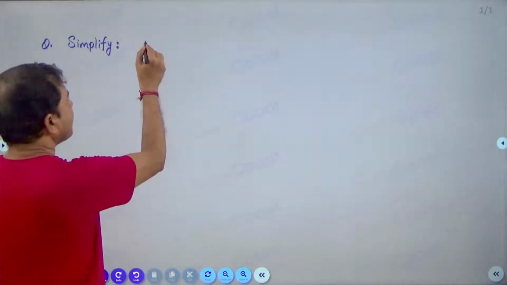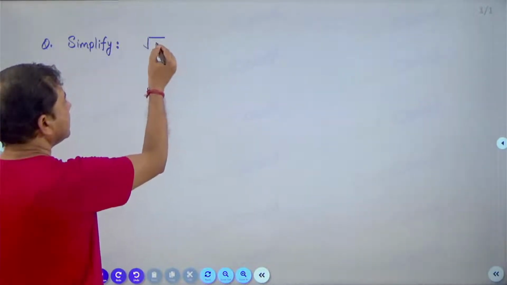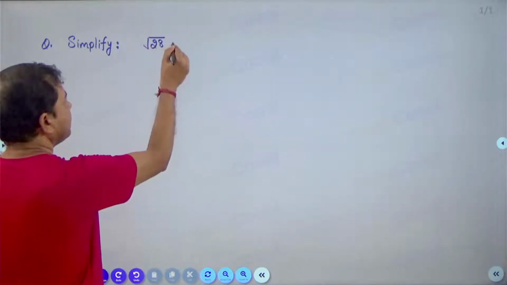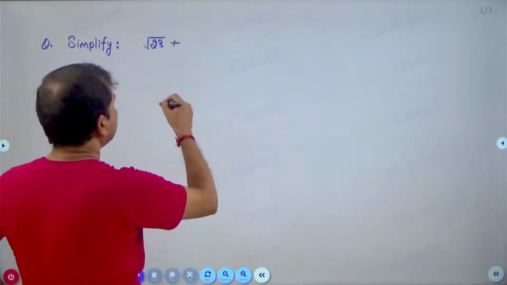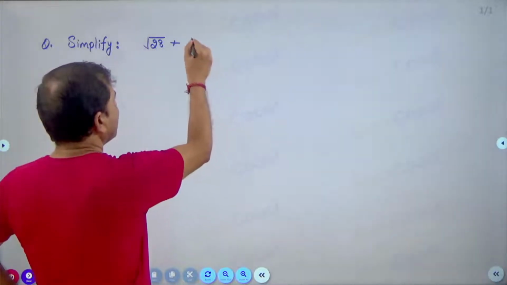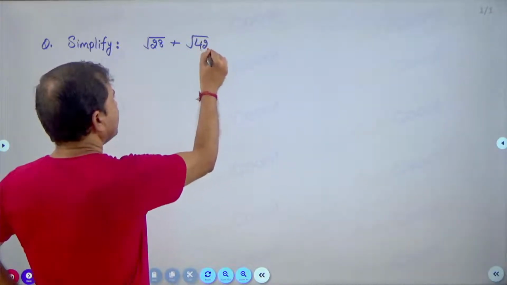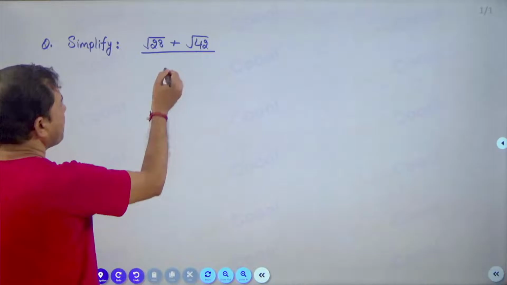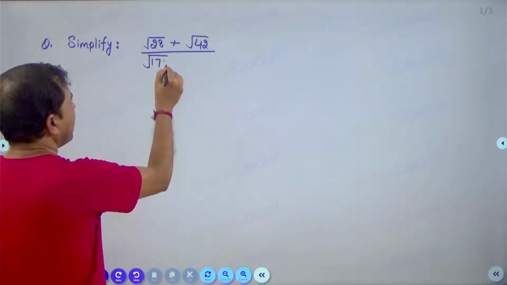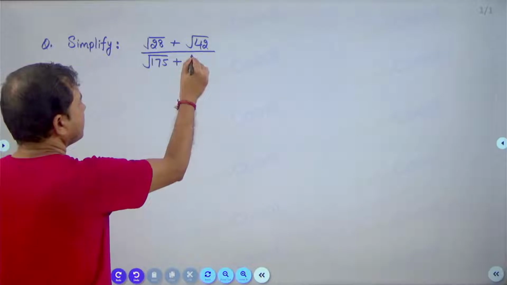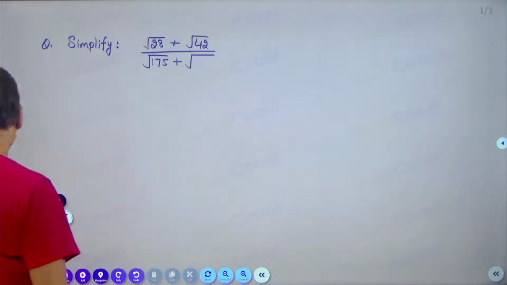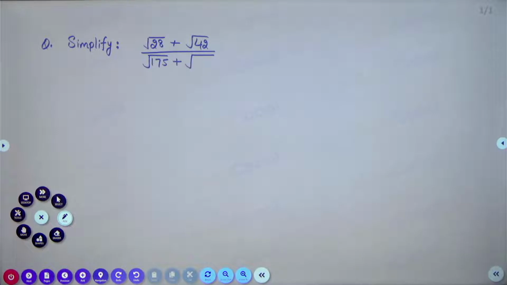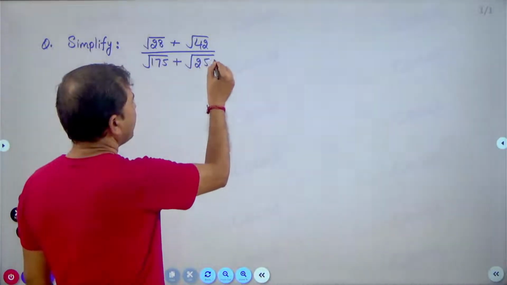Simplify root 28 plus root 42 divided by root 175 plus root 252.